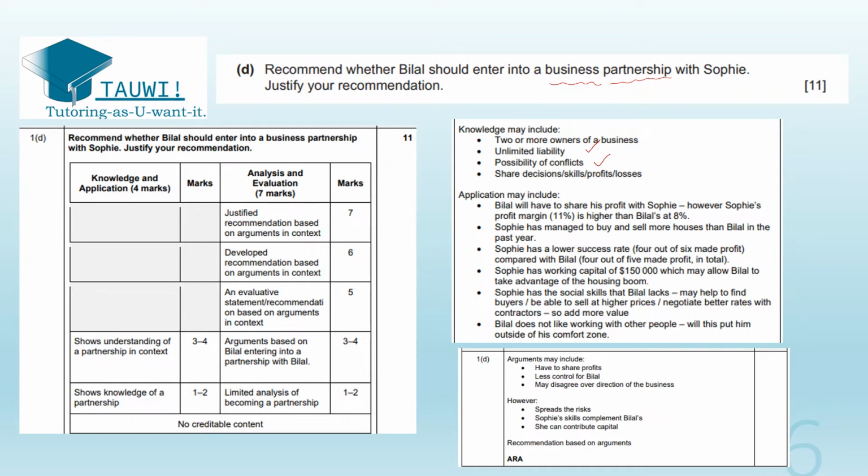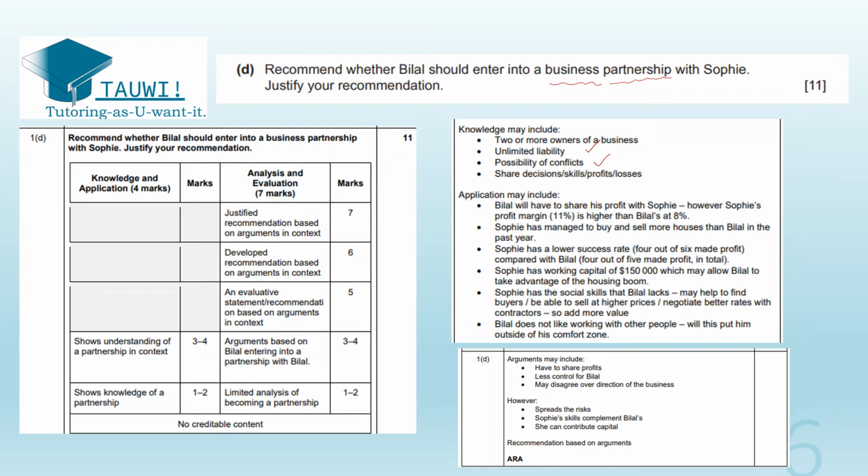So say anything you know about the partnership. You want to get 2, 3 marks, 4 marks. You can get 4 marks if you are very good and explain that you know what a partnership is, and especially now with Sophie and Bilal with actually different kinds of personalities.